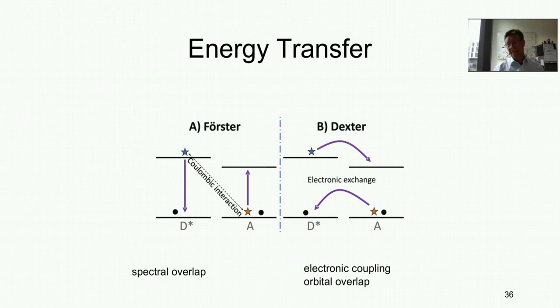The Dexter. Can I ask a question in between? Sure. I have a question about this kappa. You said you can calculate this kappa if you have the X-ray structure known, but this is different than for solvent, right? In solvent you have different angles and distances.